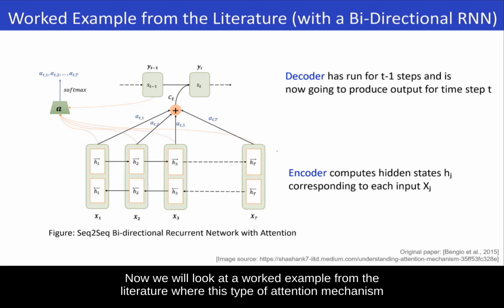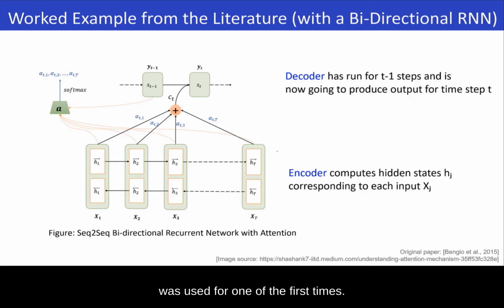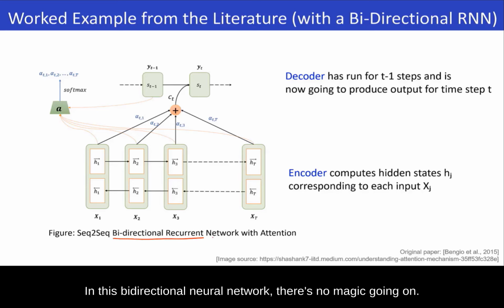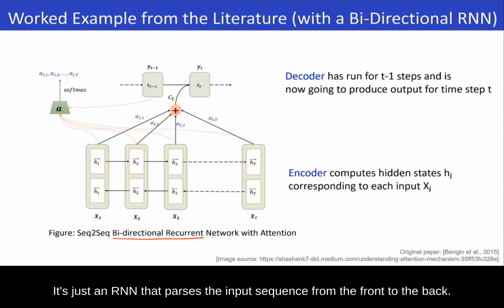All right, now we will look at a worked example from the literature where this type of attention mechanism was used for one of the first times. This original paper here is by Bahdanau et al., and it used a so-called bidirectional recurrent neural network. In this bidirectional neural network, there's no magic going on. It's just an RNN that parses the input sequence from the front to the back.